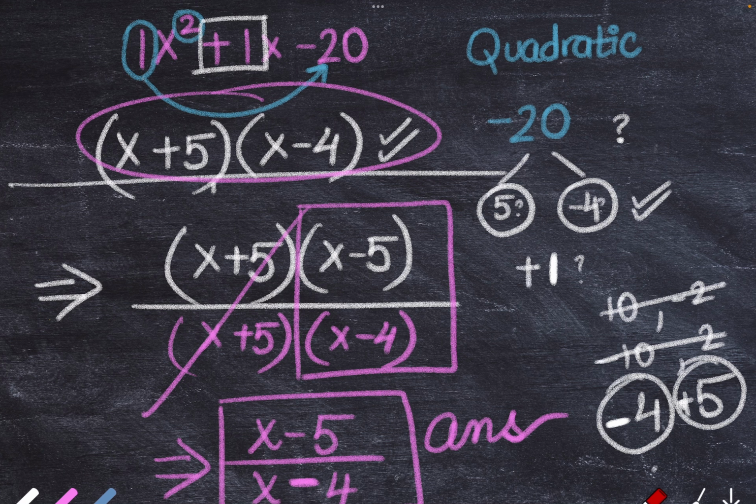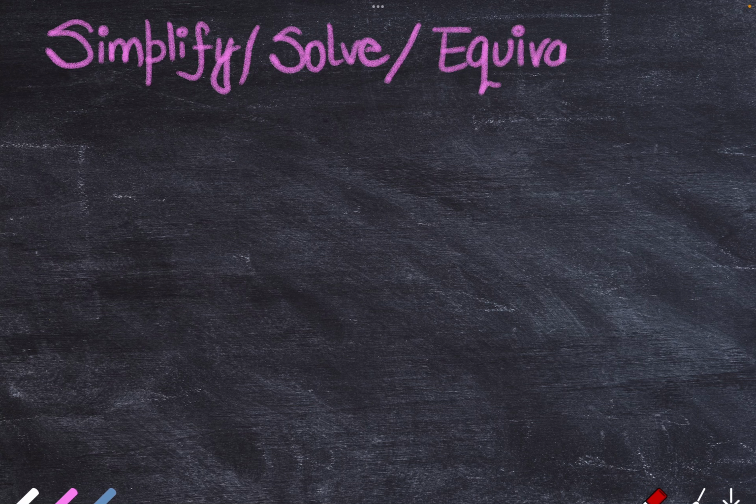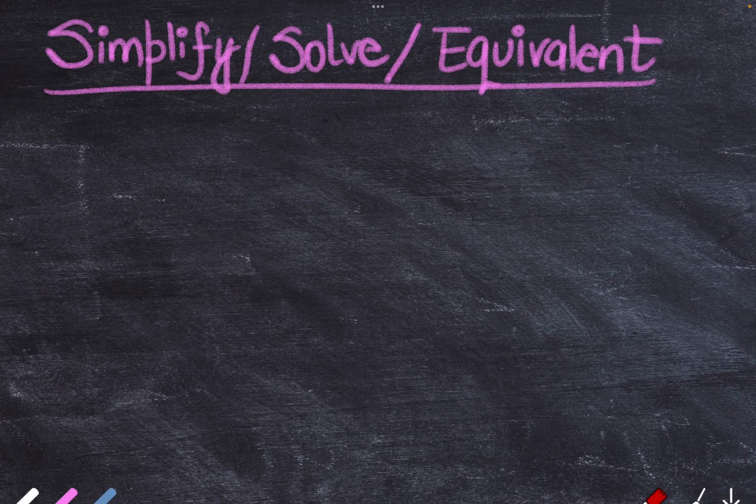All right. On the next slide, we'll again look at the same type of questions where they ask us to simplify the expression, solve the expression, or create an equivalent form of the expression. Any of these words in the question pretty much mean the same thing.